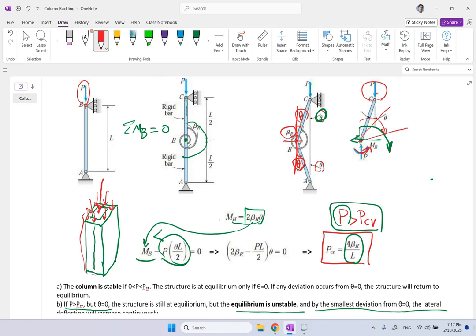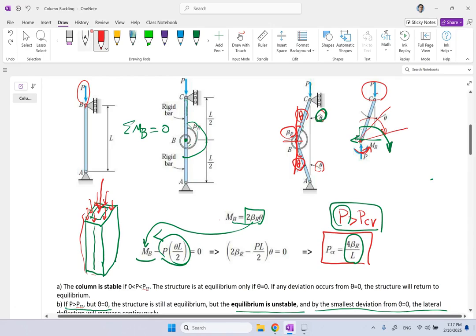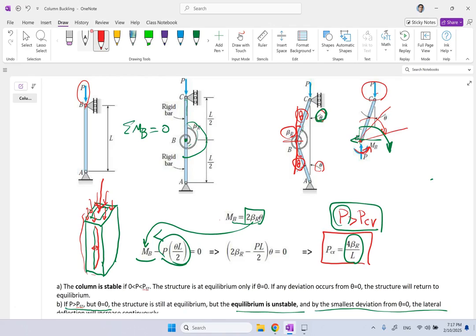There is just a small bending somewhere in the middle. All you need is a fraction of a mil bending in the manufacturing for this buckling to start. So because nothing is perfect in reality, you can never make sure that the line of P and the line of the member are exactly collinear.